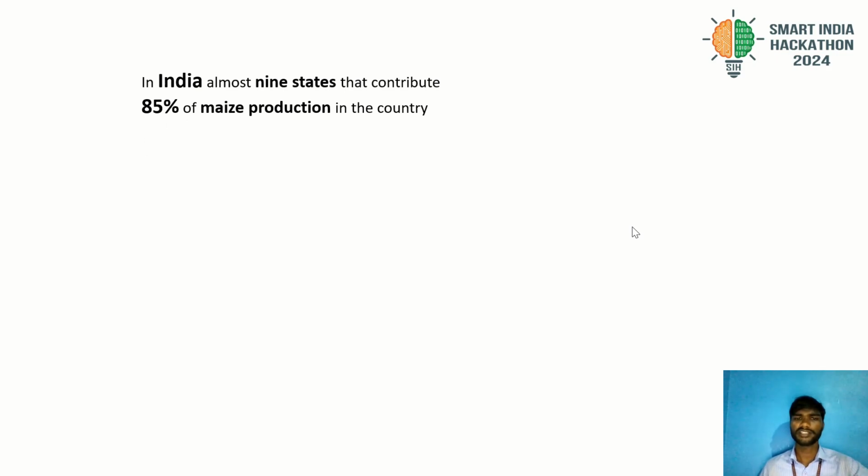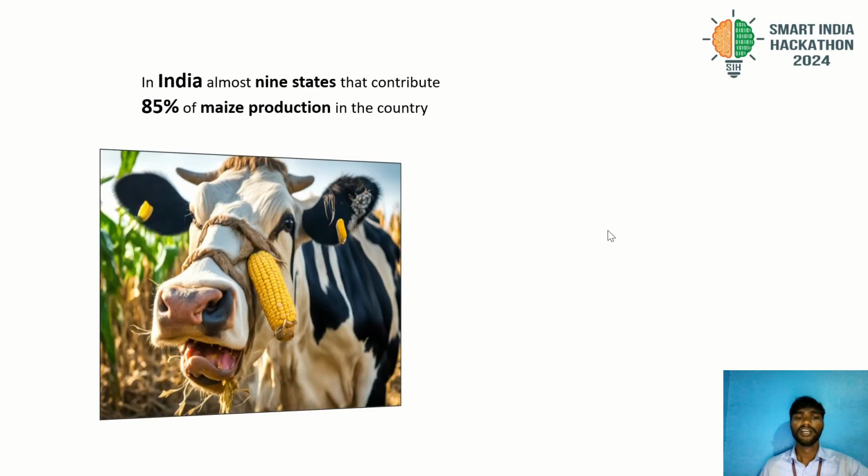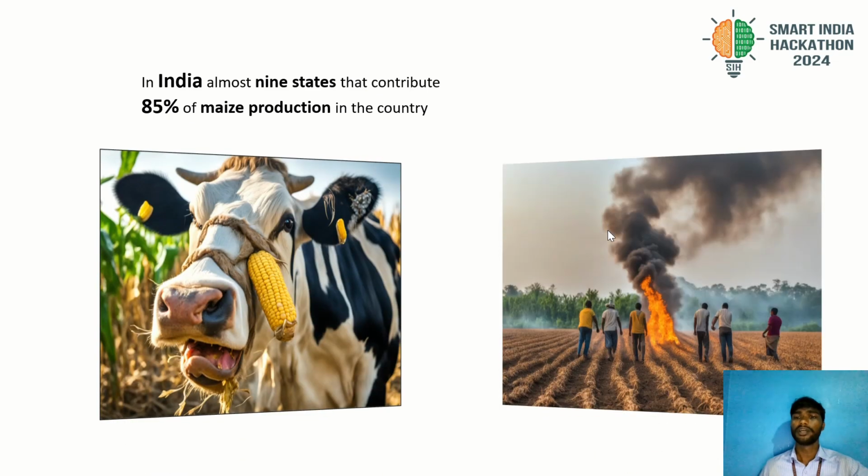In India alone, states like Karnataka, Andhra Pradesh, and Tamil Nadu contribute significantly to maize production, and with that production comes a large amount of corn cob waste. Even animals don't consume these corn cobs because of the threat of choking, and farmers burn these corn cobs, which leads to air pollution.